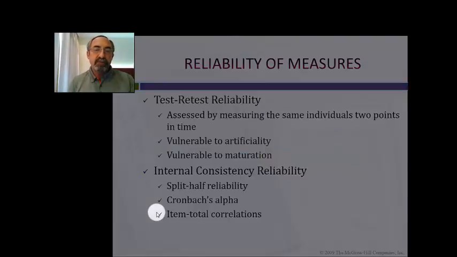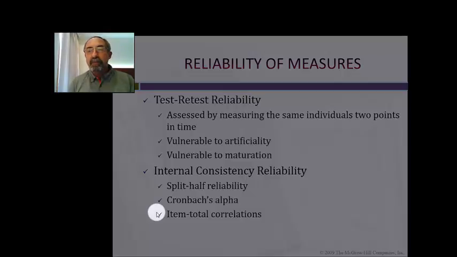One is test-retest reliability. This is measured by the same individual at two points in time, such as if I give somebody a test of how fast they can run, and I measure it at the same track but on different days, maybe a month apart, and I want to see if they are consistently running the same speed. That's test-retest reliability. It is vulnerable to artificiality.